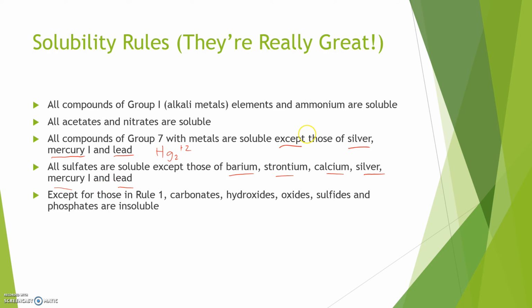So the silver, mercury 1, and lead is repeated, and barium, strontium, and calcium are the new ones added on for sulfates. And then except for ones that are in Rule 1, with the alkali metals, carbonates, hydroxides, oxides, sulfides, and phosphates are insoluble, meaning they precipitate.